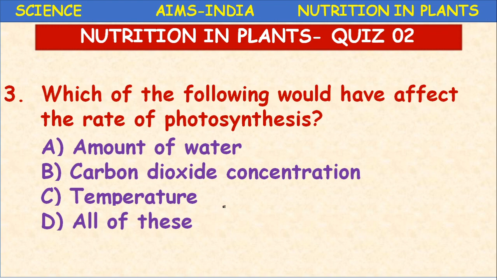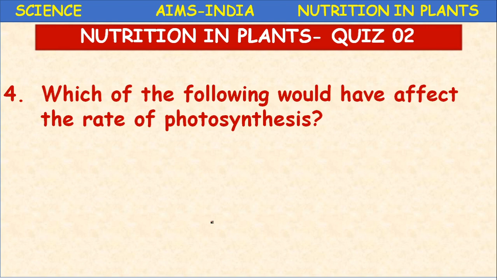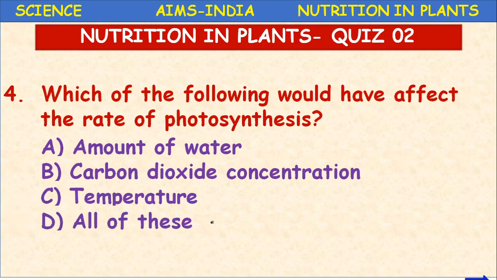So all of these: amount of water, concentration of carbon dioxide, and the temperature. These are the factors affecting the photosynthesis.